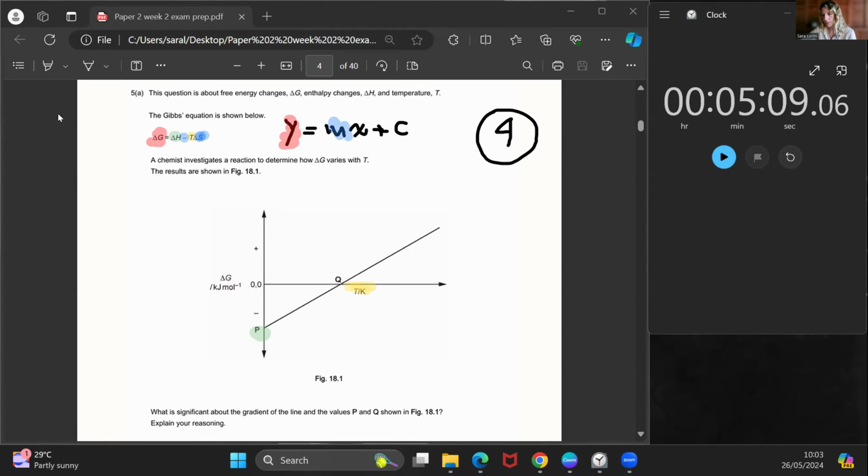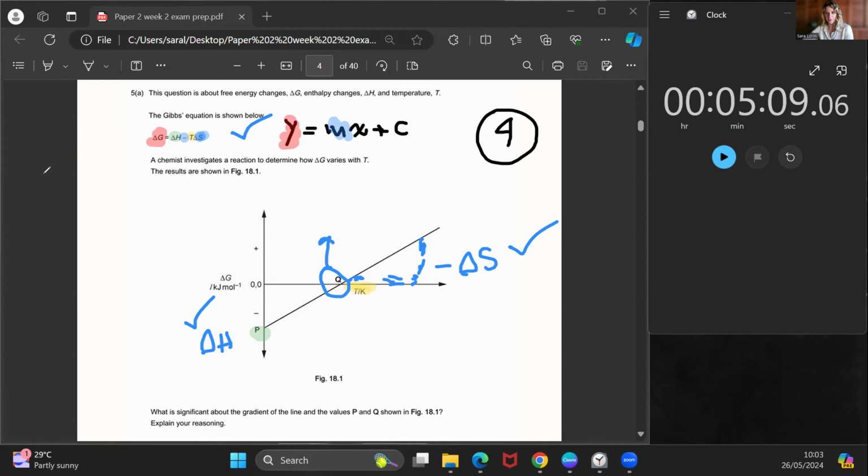Okay, so the marks: P is delta H. The gradient is minus delta S. Sorry, that's also 1 mark. So 1 mark for this correlation, 1 mark for P, 1 mark for the delta S, and Q.